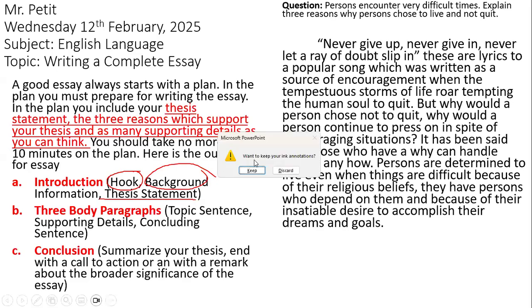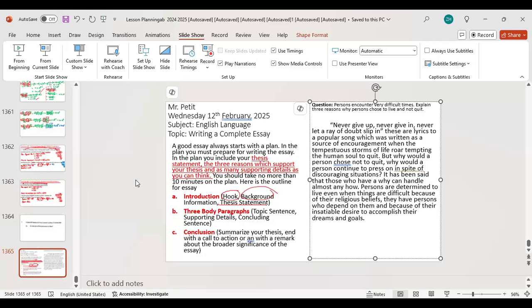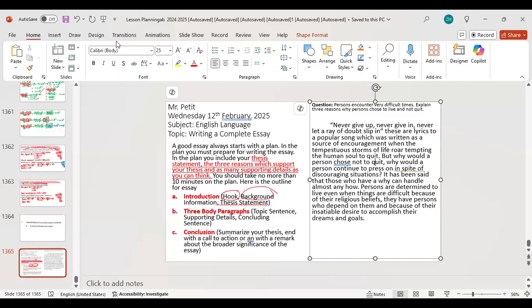So where's my hook? My hook would be: Never give up, never give in. These are the lyrics to a popular song. Very good. That is my hook.